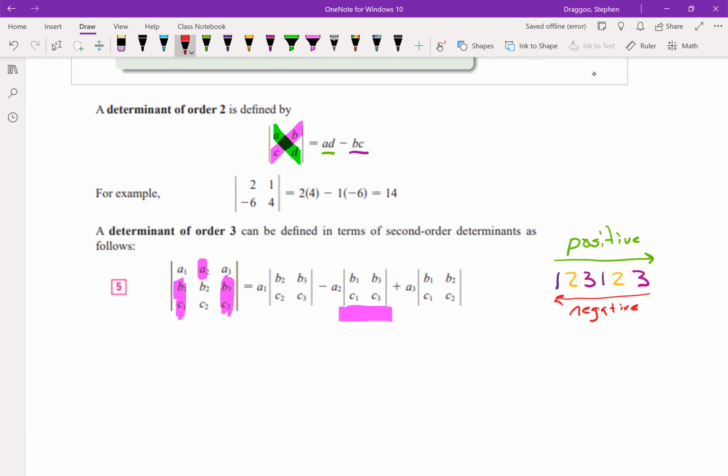Also notice the negative that shows up out in front of A2. We're going to deal with that in a minute. But for now, just enough to know that all those pieces are coming from all the components that are not in the second column or in the first row.